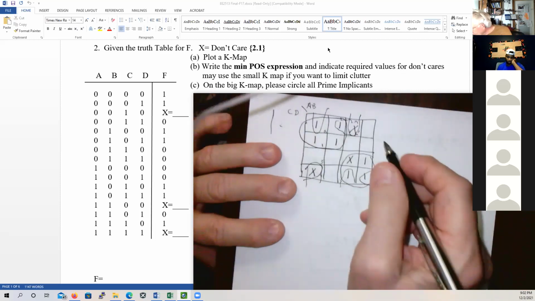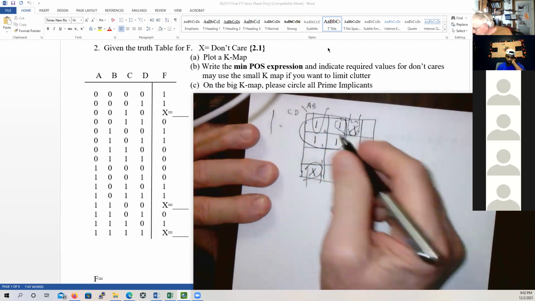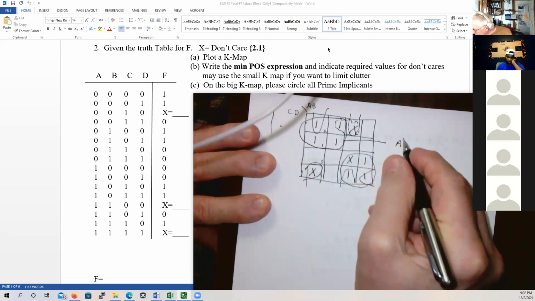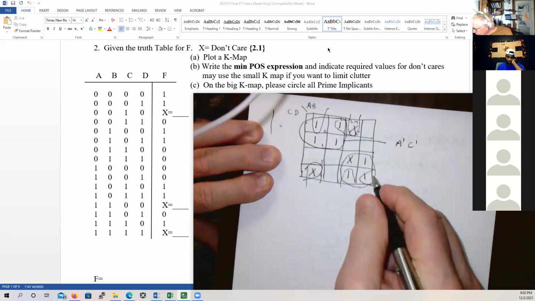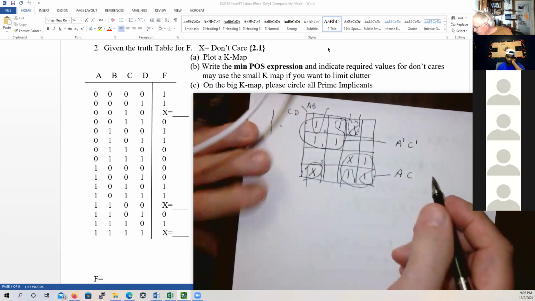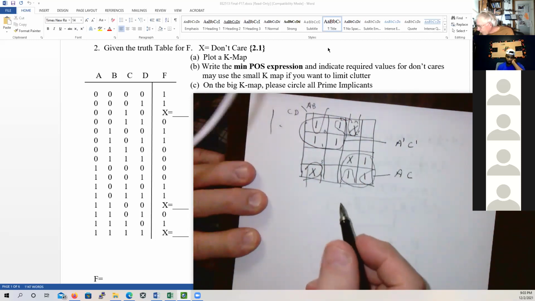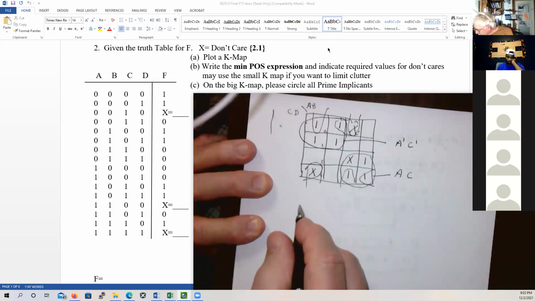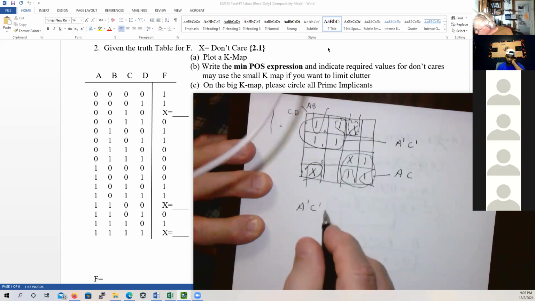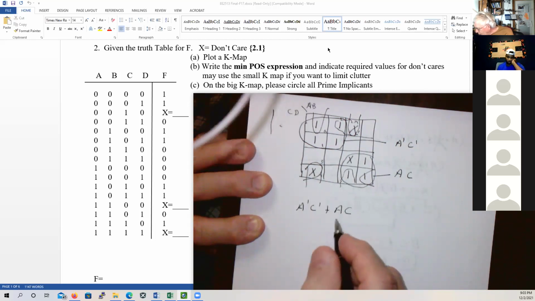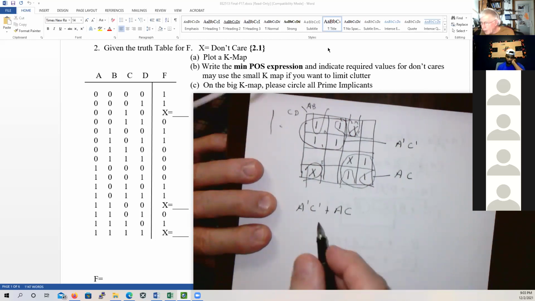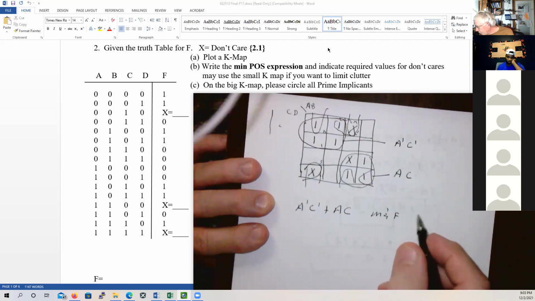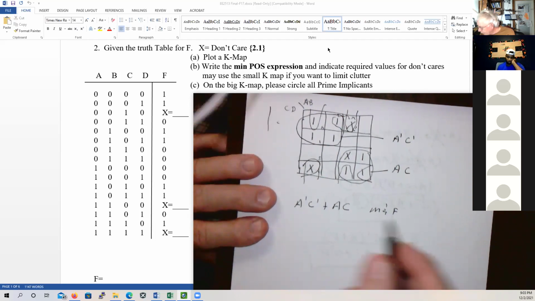Okay, so the SOP solution would be these 2 terms. This term would be A prime C prime, and this term would be AC. Now, this is easy to switch to POS form. Since I have A prime C prime plus AC, I can use either one of these variables and do M and F, which is our second simplification theorem.